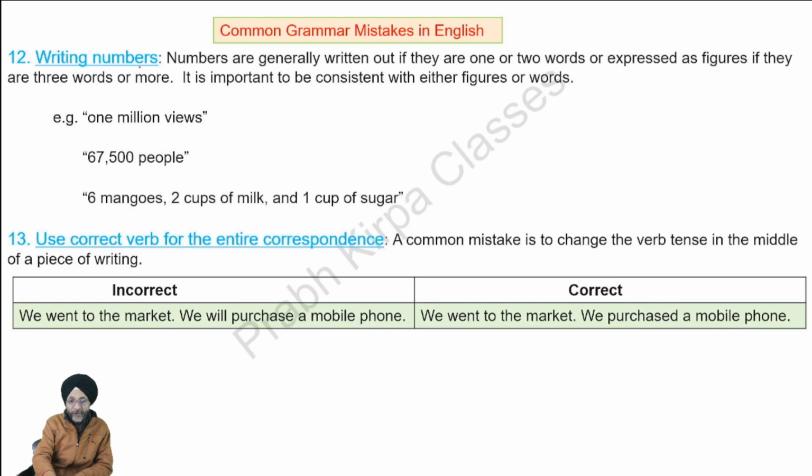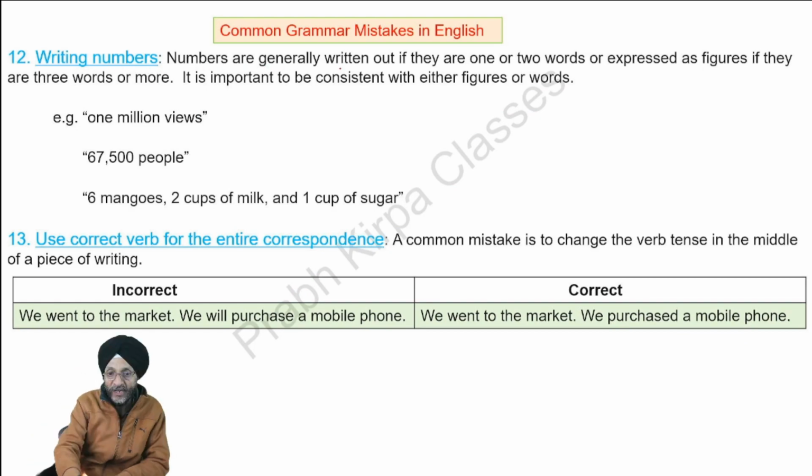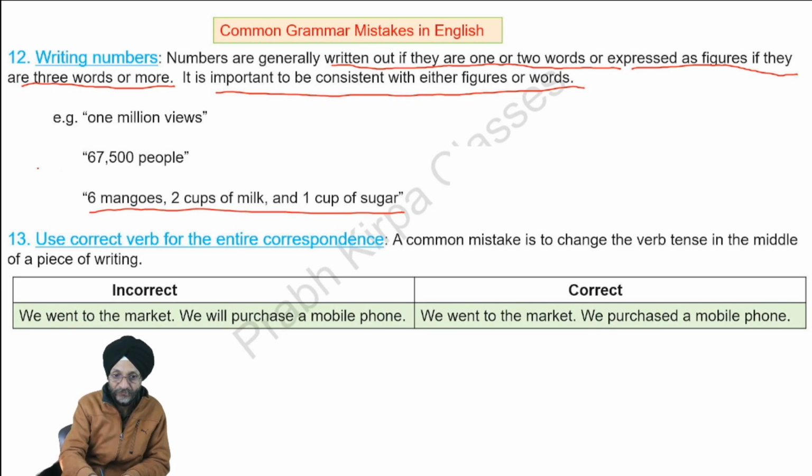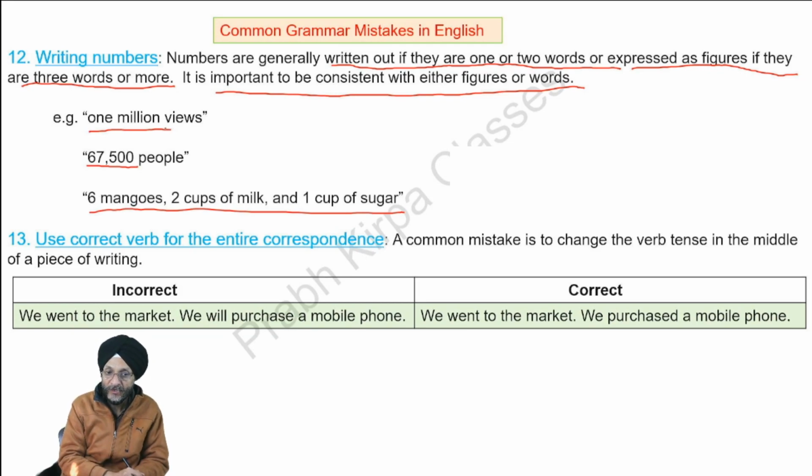Next, there may be some mistakes in writing numbers. Numbers are generally written out if they are one or two words, or expressed in figures if they are three words or more. It is important to be consistent with either words or figures. We should write the numbers in figures or in words. Here you can see that the same has been written in either figures or words.